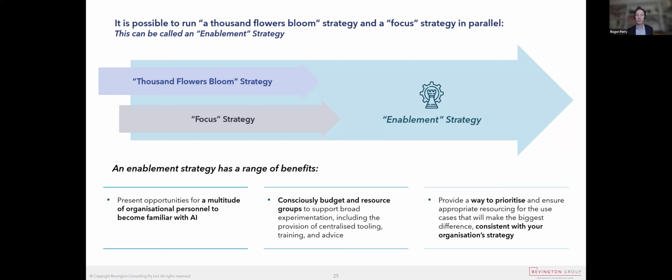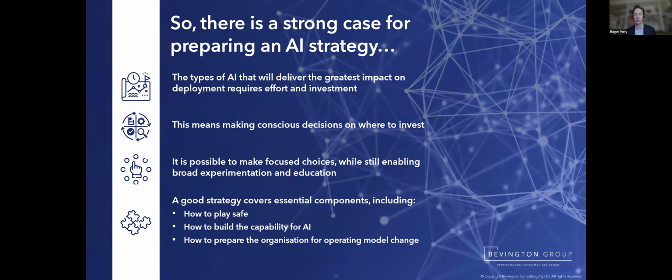Okay. So there is a strong case for preparing an AI strategy. It's important to think about where to play, absolutely, and think about portfolios you can build in focus areas. But as I've just said, you can also enable, train, and make sure people are aware of what AI can and cannot do, and make them very aware of how you're playing and how you're choosing to deploy. So you're going to have to figure out your AI architecture.